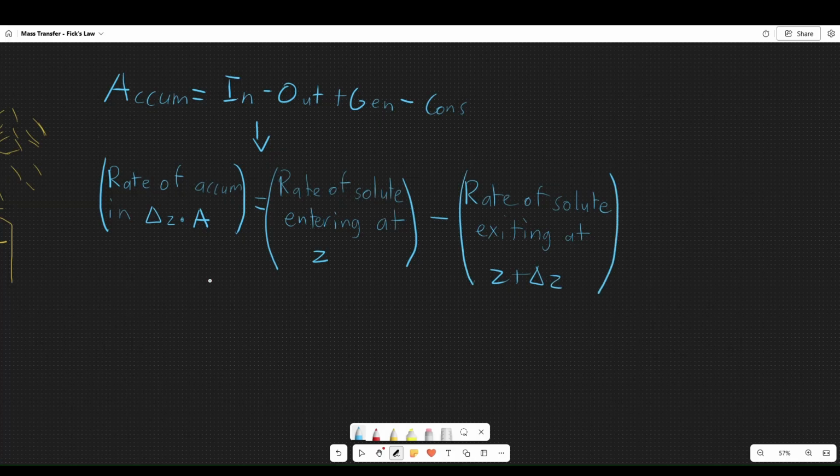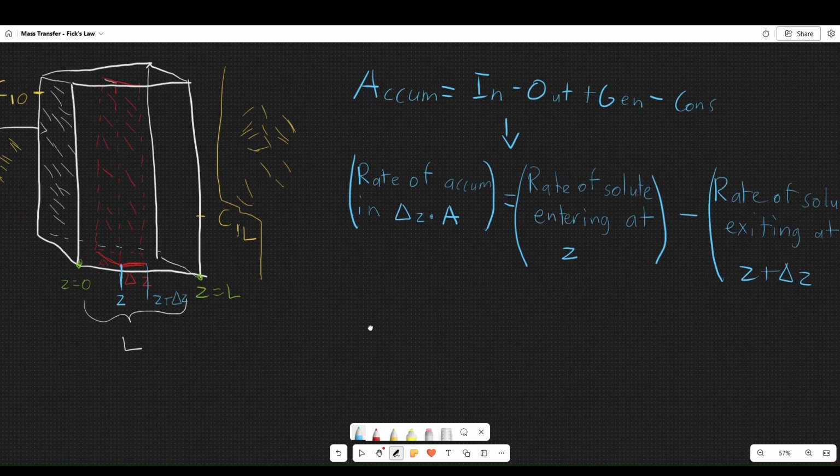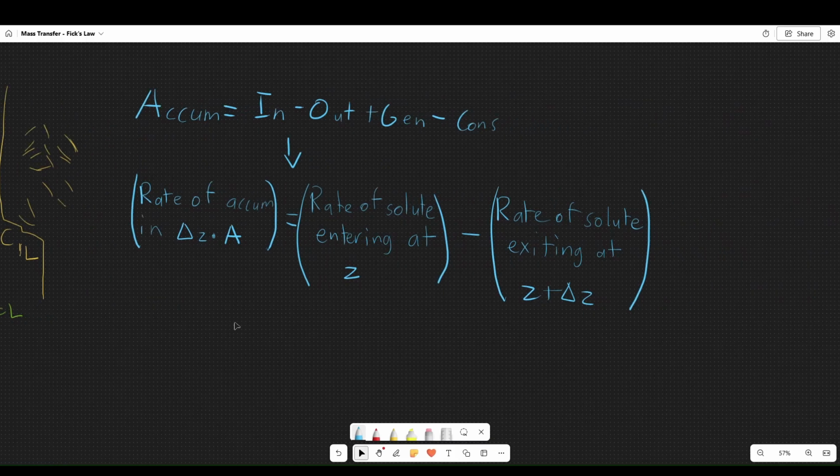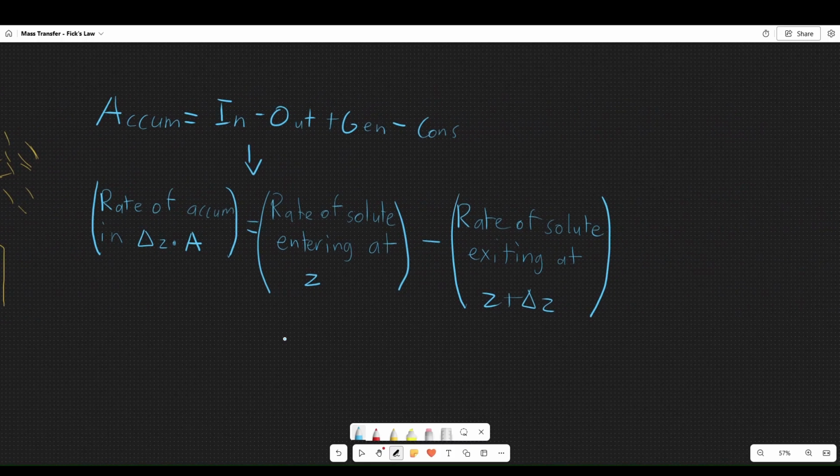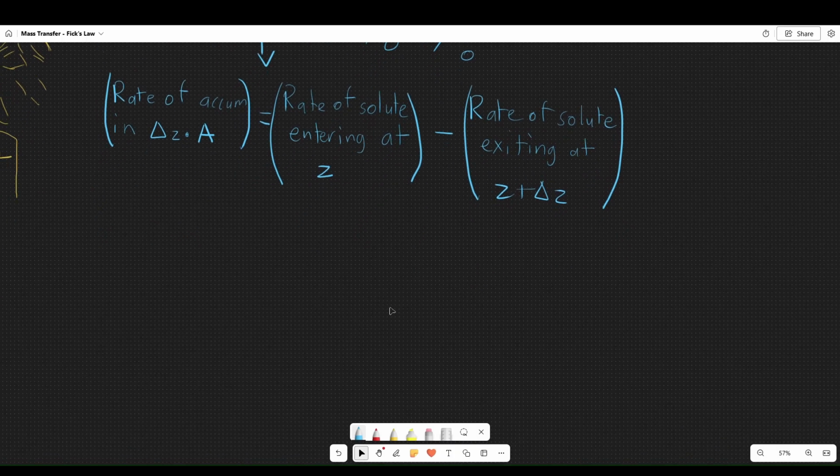And in this equation, we don't have a reaction. We're assuming it's only one species, it's not reacting with anything, and so by conservation of mass, we can't have generation or consumption, and so these both go to zero. Perfect. What's our next step? Well, now that we've put it in words, we want to get the math for this. The rate of accumulation in the control volume is equivalent to the mass, so how is the mass changing over time? That is essentially what we want.